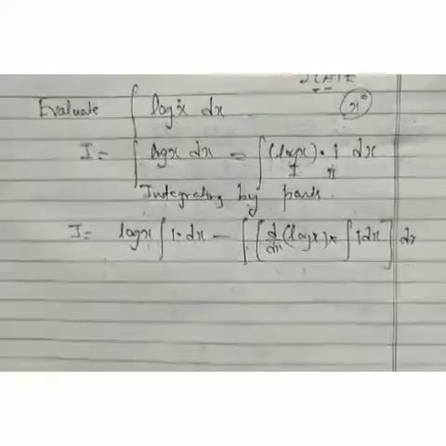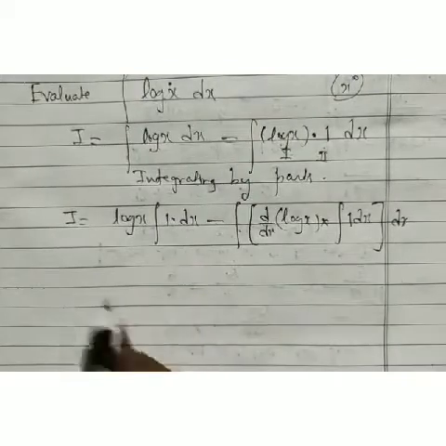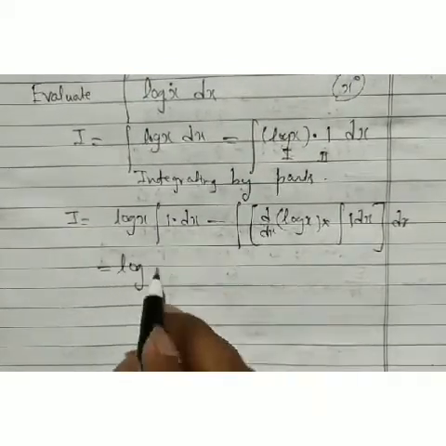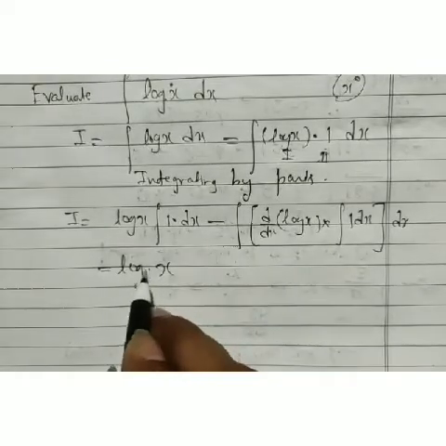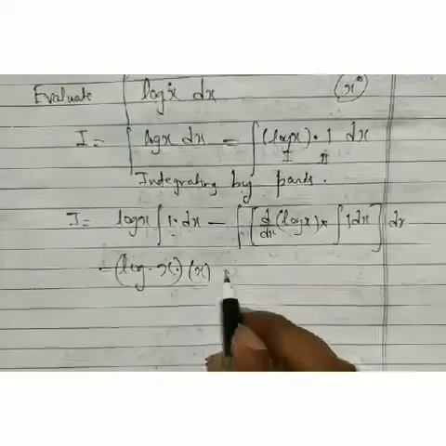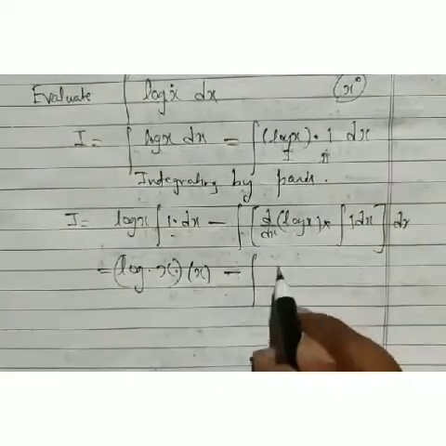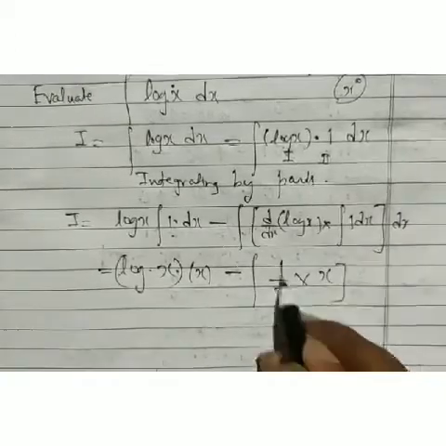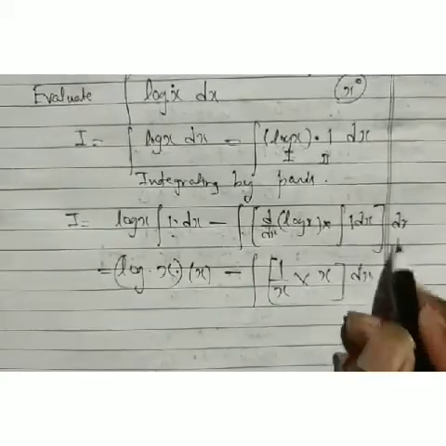Now the integration of 1 is x. So we have log x times x, minus the integral of the derivative of log x, which is 1 by x, times the integration of 1, which is x, then dx.